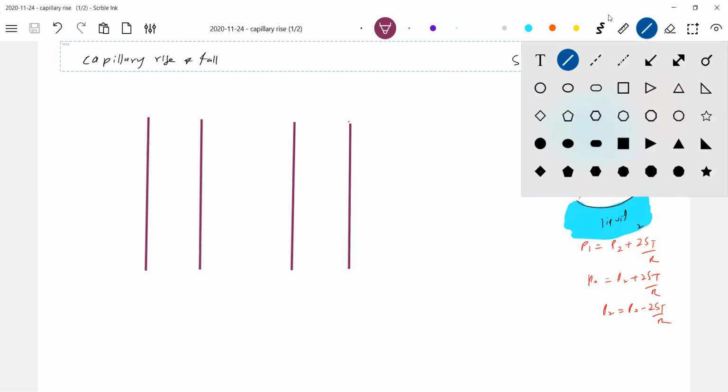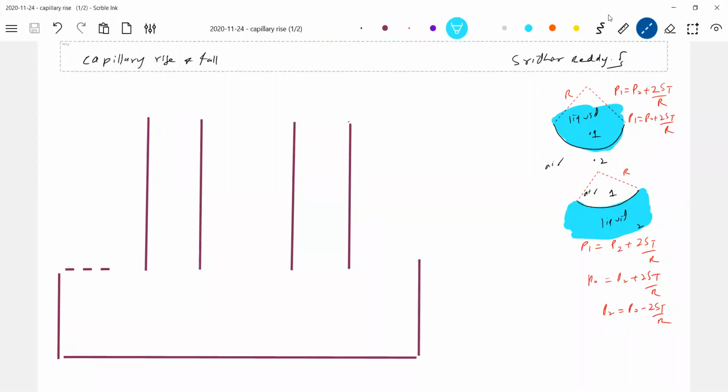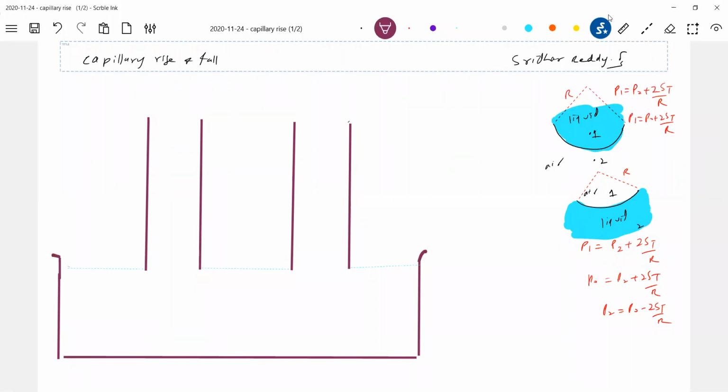So it is immersed in a liquid, and this will be our container. Okay, everything here is liquid. So here this will be the liquid.